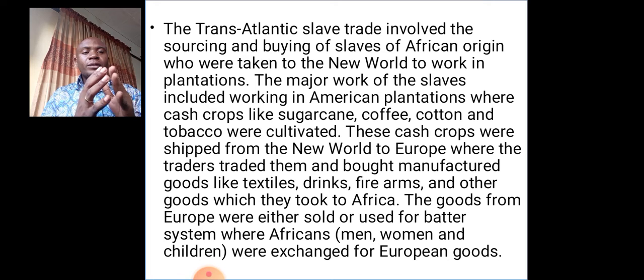Now, the goods from Europe were either sold or used for barter system, where African men, women, and children were exchanged for European goods. Wow. A full-grown human being exchanged for material things.